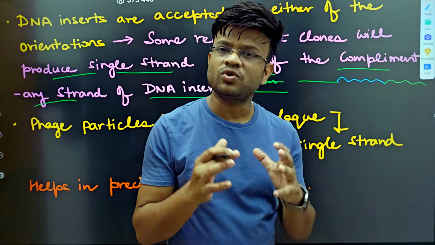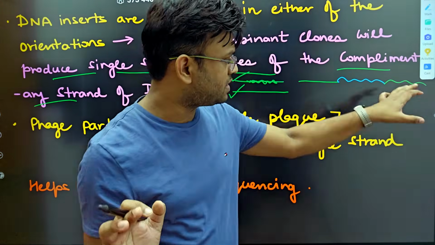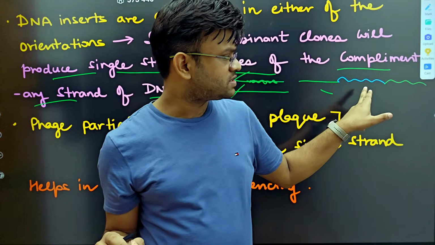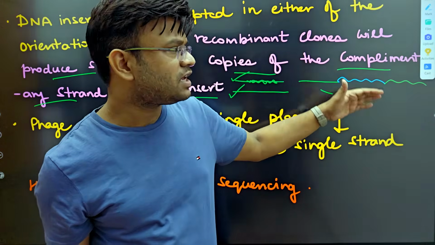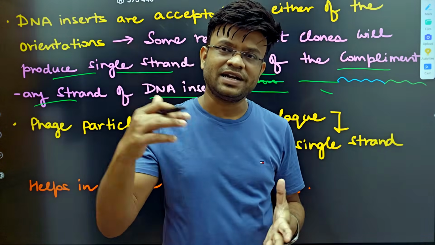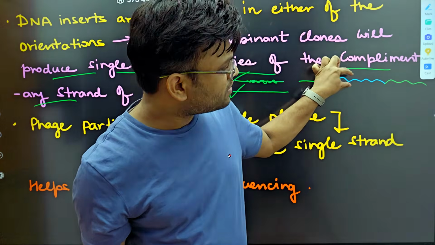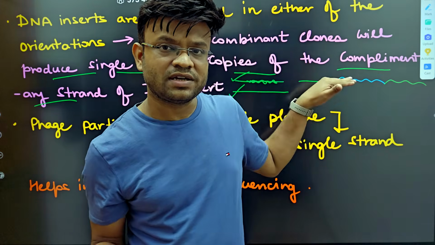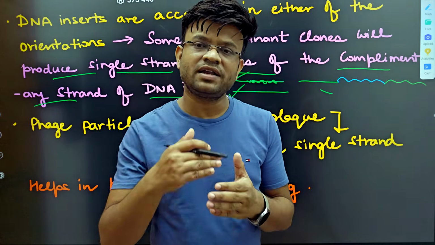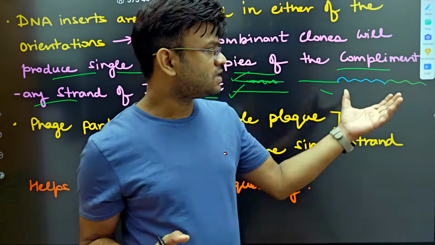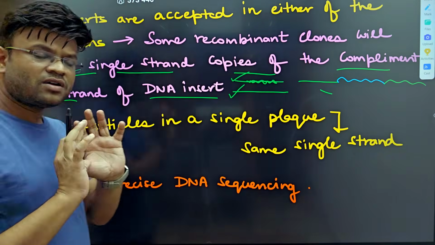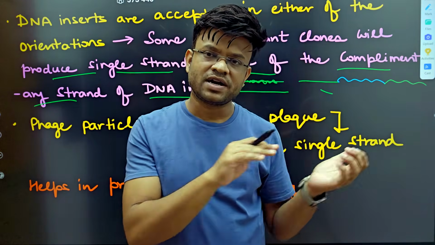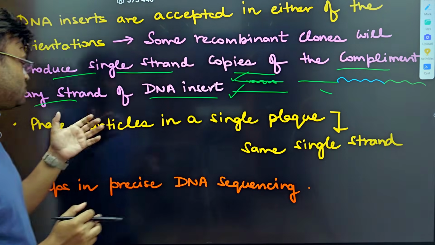When the vector was not inside the bacteria, it was present in this form, and this is the gene of interest. But when the replication takes place after this M13 phage enters the bacteria, the complementary form of this gene of interest would also be produced. So this is on the single strand, but when it goes inside the bacteria, it would produce a complementary strand. So when the phages come out of E. coli, some of the phages might have the complementary strand, some of the phages might have the original. This is what is being said.